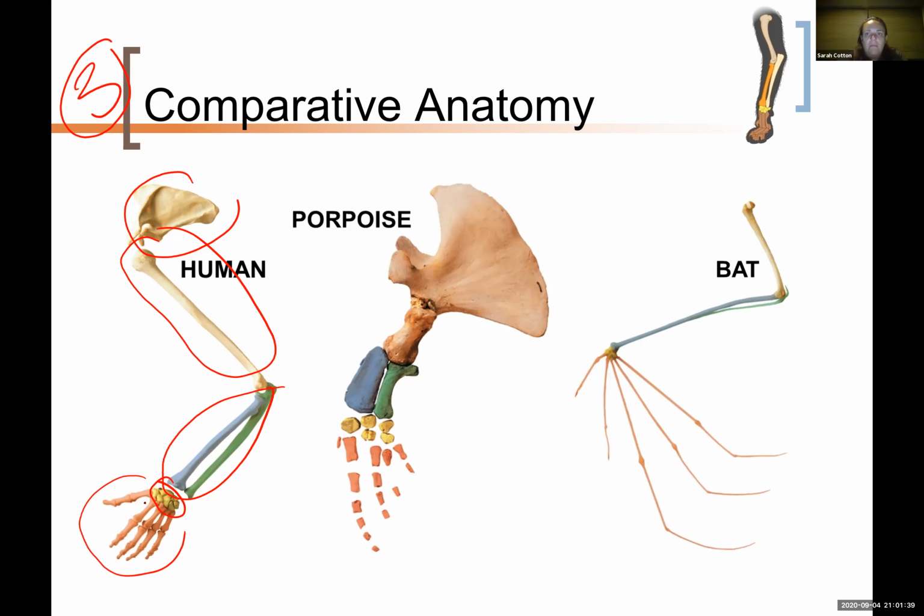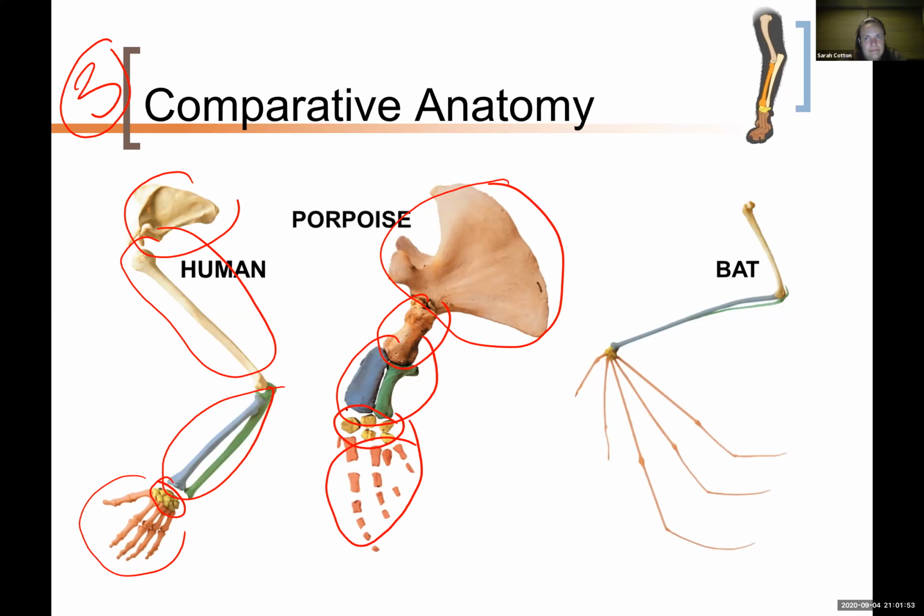All right, let's look at some other mammals. Here's the shoulder blade of a porpoise, the humerus, the radius and ulna, the wrist bones, the hand bones. Now, the details are different.